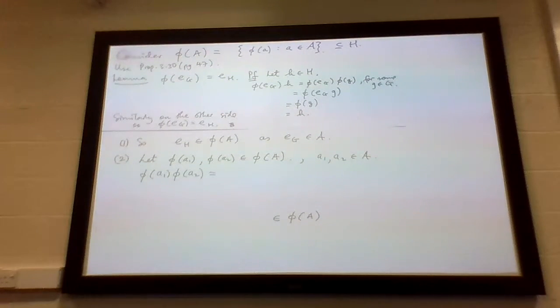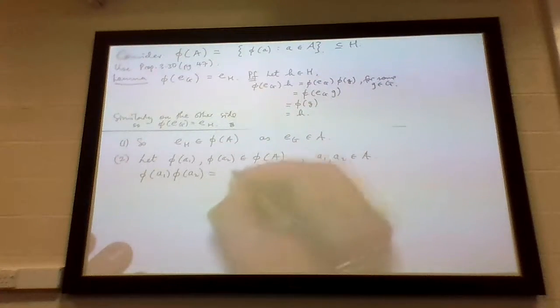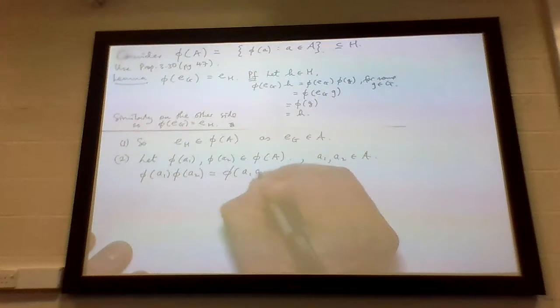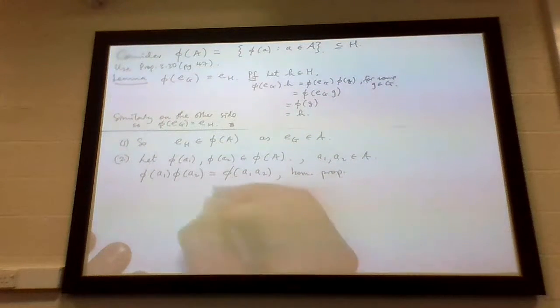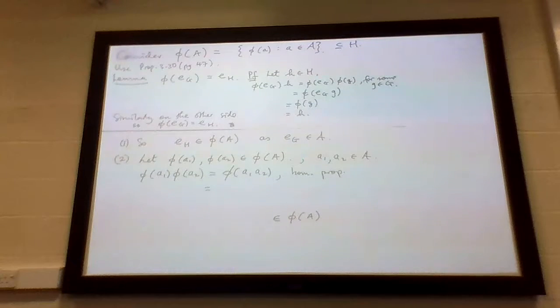We don't know that yet. But what do we know about that? Apply the homomorphism property. And what do we know about that? Well, a1 a2 is in the subgroup, in A, yeah. A is a subgroup.